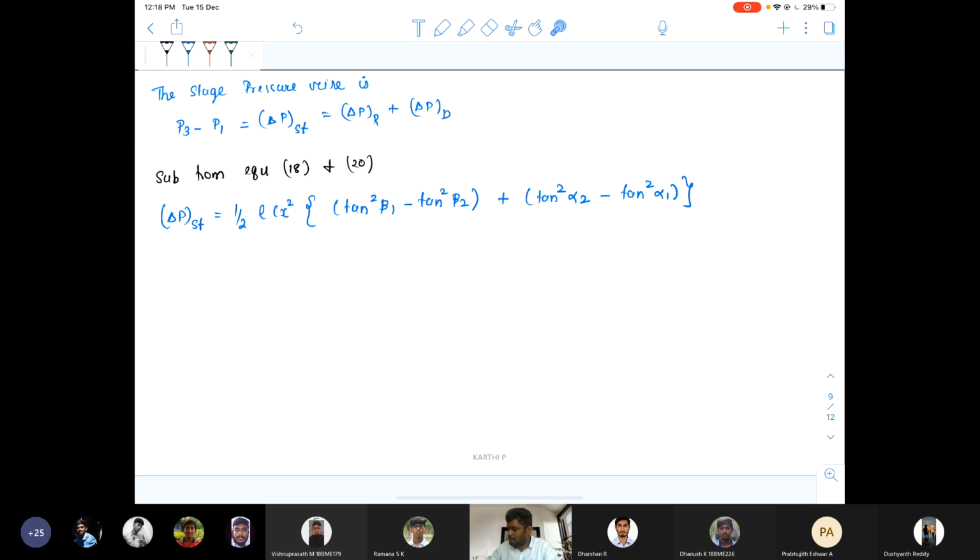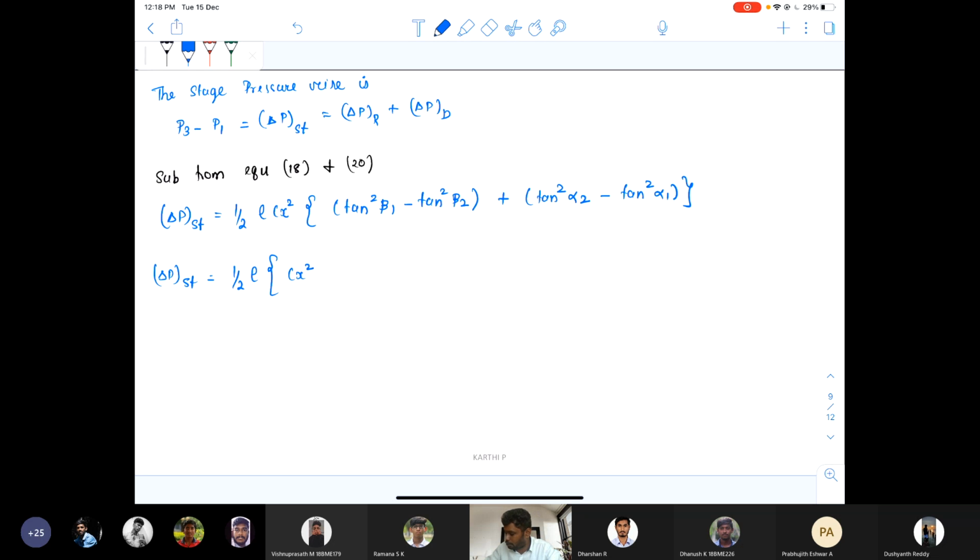Okay, by using that relation, if you expand this, delta P at the stage will be equal to 1 by 2 times rho into Cx square. We are taking Cx square inside.